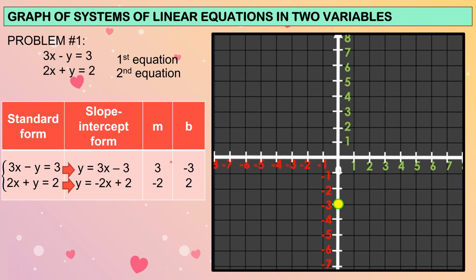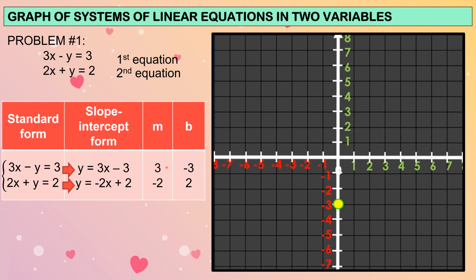And next, tingnan naman po natin yung ating slope. Yung slope natin dito ay positive 3. Okay? So, yung ating slope is rise over run. For every whole number, it has a denominator 1. So, yung ating rise dito is 3.